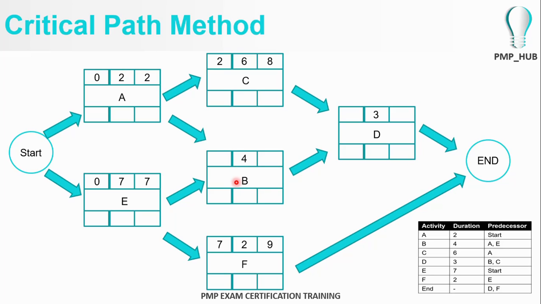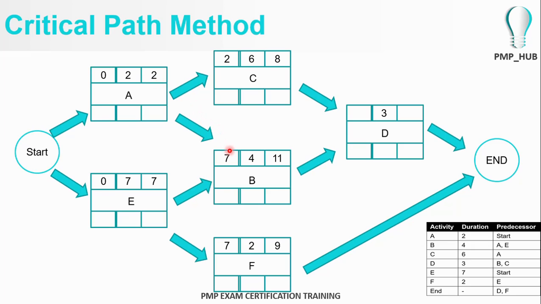However, activity B is dependent on the output of activity E. Even though activity A finishes on day 2, the earliest start time activity B can start is after day 7, because activity B depends on the output of activity E. Hope you got that.